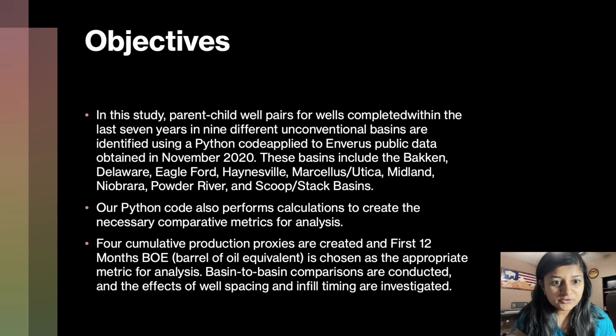The Python code also performs calculations to create necessary comparative metrics for analysis, and 4 cumulative production proxies are created, of which the first 12 months of BOE is chosen as the appropriate metric for the analysis. Basin-to-basin comparisons are conducted, and the effects of well spacing and infill timing are investigated.